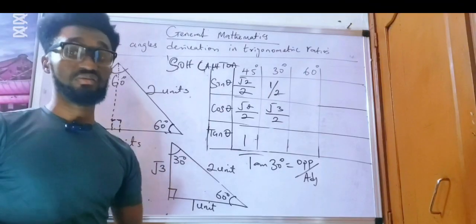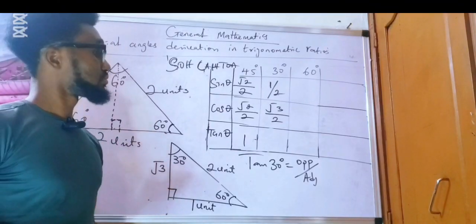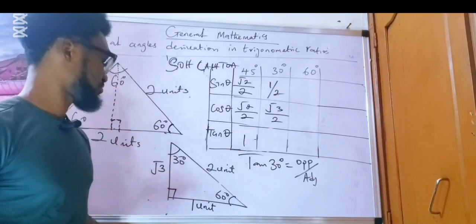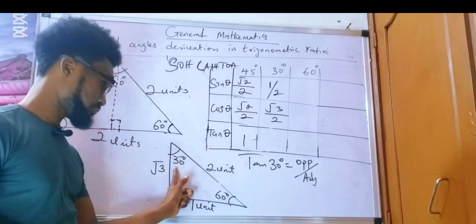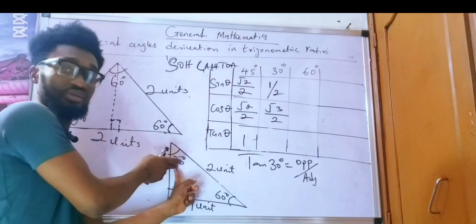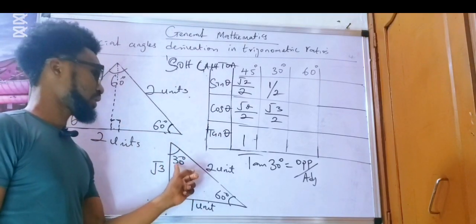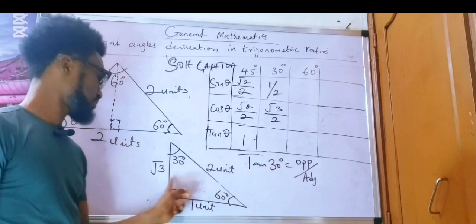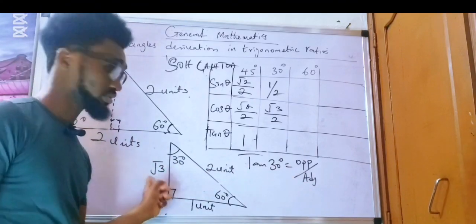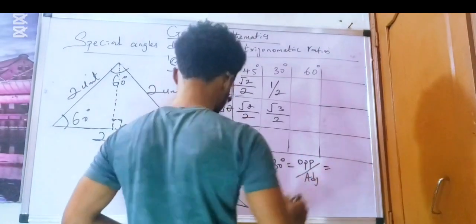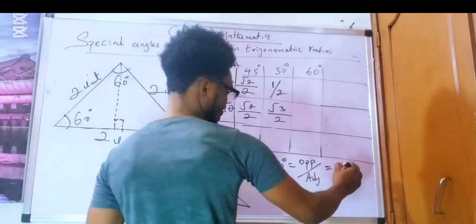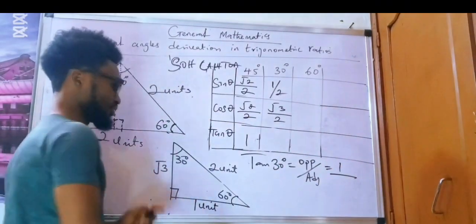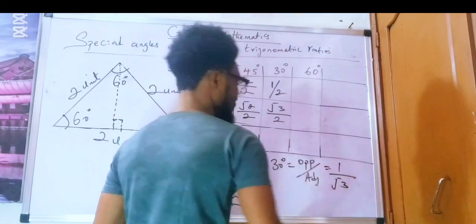So what is the opposite? Remember we are basing our consideration on 30 degrees. So our opposite here is what? 1 unit, and our adjacent here is what? Square root of 3, right? So write 1, substitute. Adjacent is square root of 3.